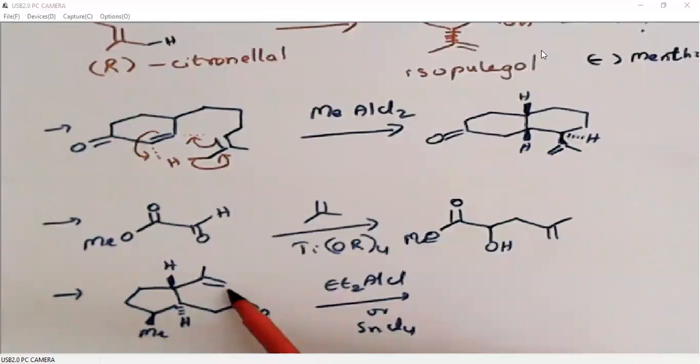So there will be a bond formation between this carbon and this carbon, which leads to a 6-membered ring. Then the proton from here will be shifted to the carbonyl oxygen.